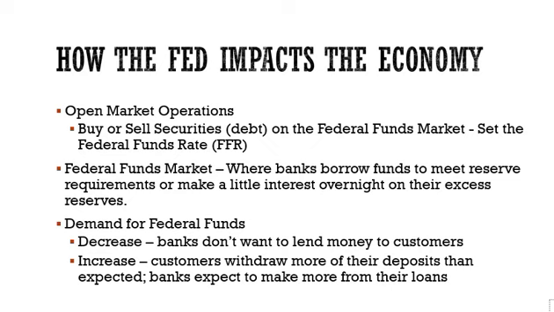If you remember back in the Great Recession, a whole bunch of banks failed, and so banks were a little leery to lend money out. So they held on to their excess reserves. They didn't want to lend them out because so many people were not paying back loans.